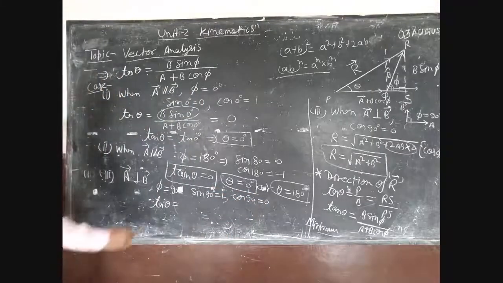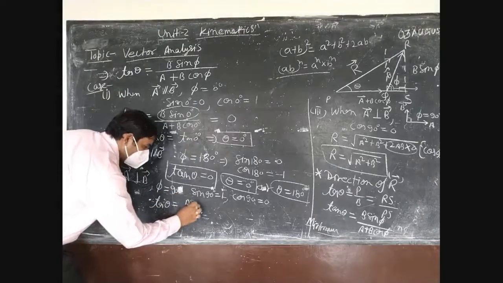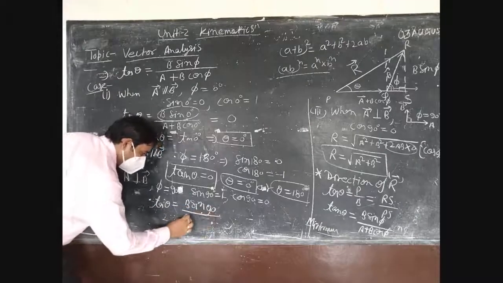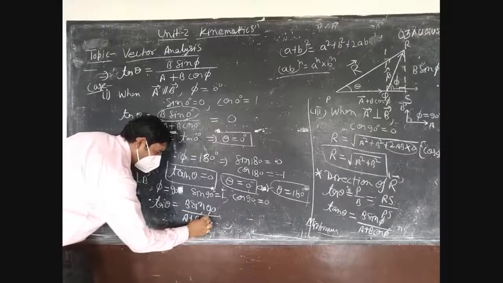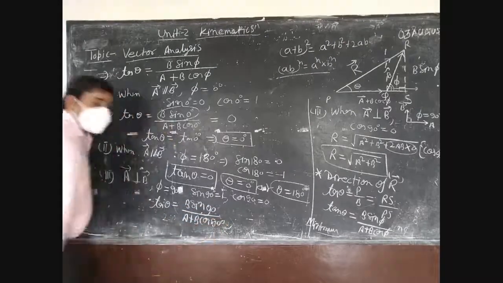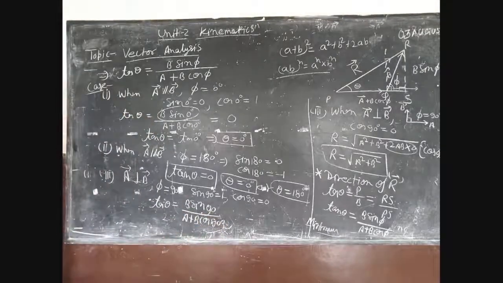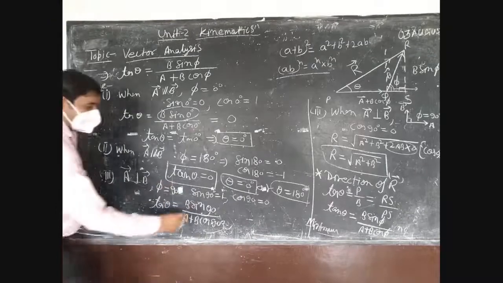So the cos 90 term becomes 0 and the sin term becomes 1.